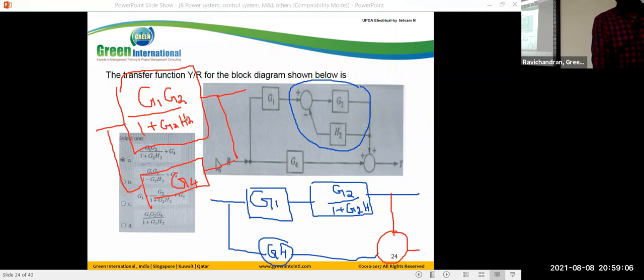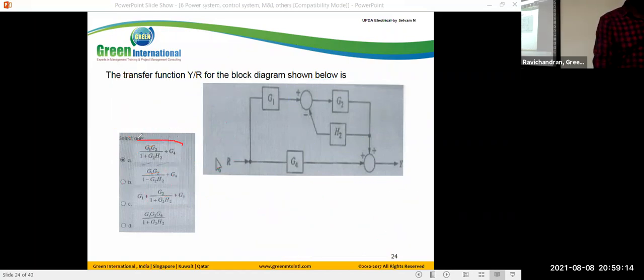For this parallel connection, we need to add these two numbers. So what is the value? This is the value. So we can solve n number of gains. Any block diagram we may simplify.